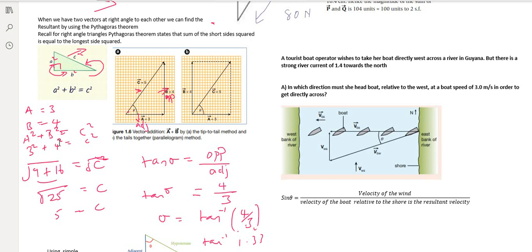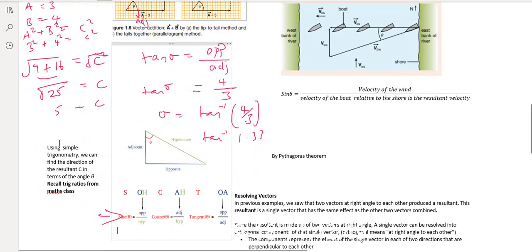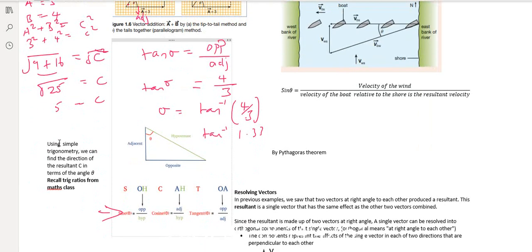Sometimes it's recommended that you have more than 2 decimal places, because of how sensitive the tan ratios are. So at this point, the angle that I'm getting is 53.12 degrees.